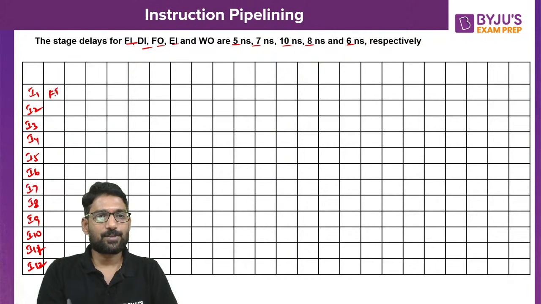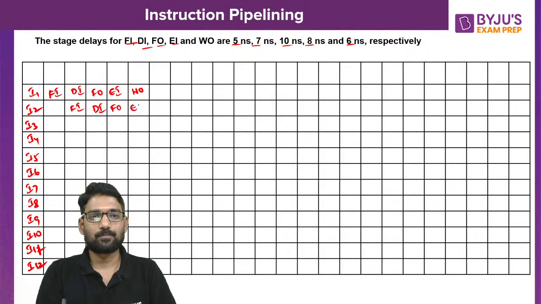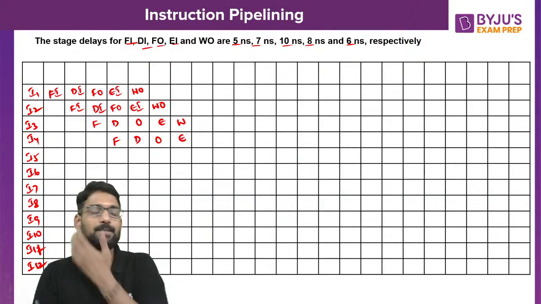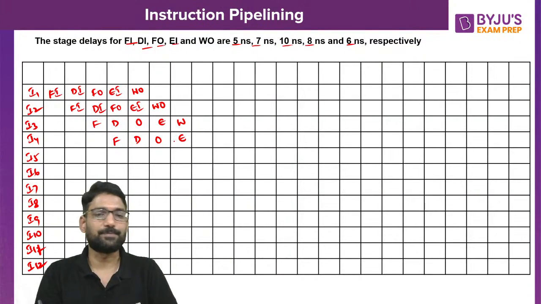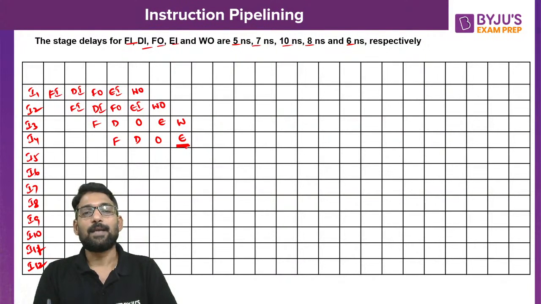So fetch instruction, decode instruction, fetch operand, execute instruction, write operand. In this way, if you execute, and it is given I4 is the only branch instruction. I4 is the only branch, and the branch is taken during execution to I9.